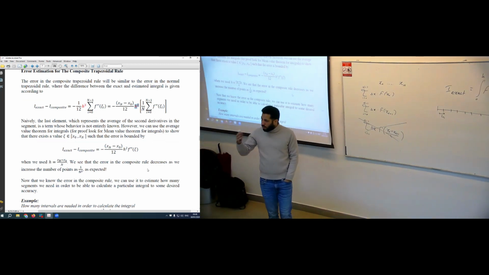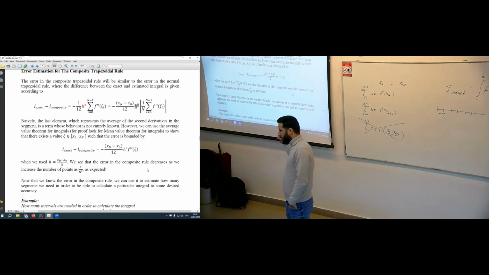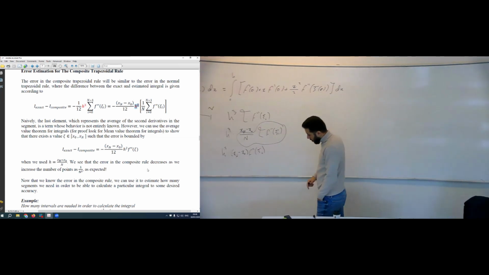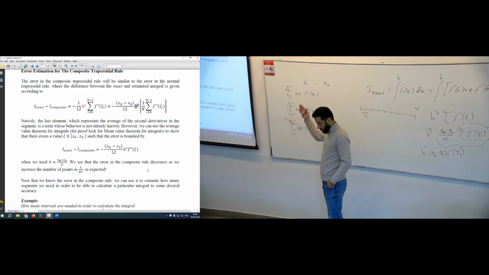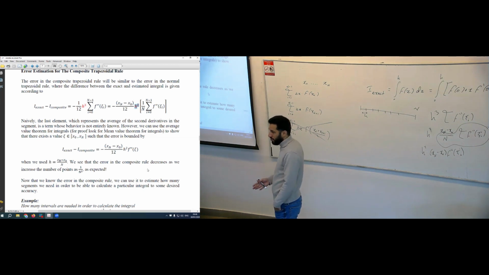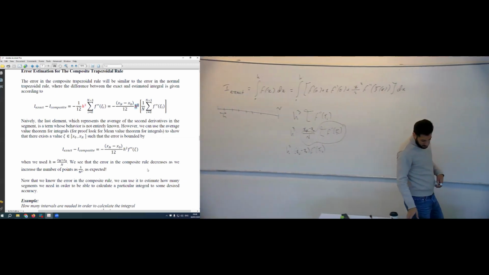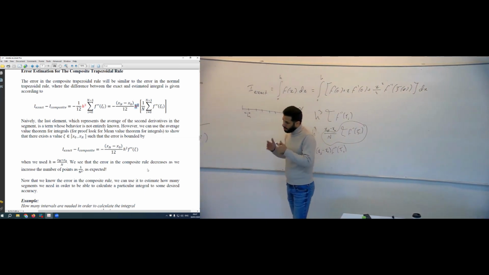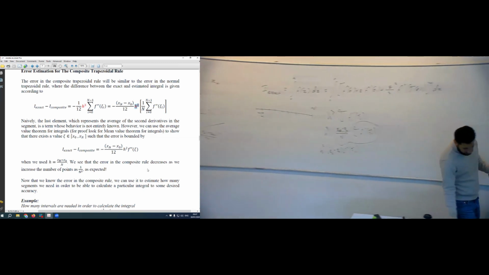Because if I want my error to be some value, for example 10 to the minus 10 or 10 to the minus 8, I can decrease it by making h smaller, and I know how much I have to make it smaller. So if it's like h squared, maybe I will take h to be a tenth of the previous h because it's squared. But if it's linear, I had to take it, for example, 100. So this helps me to know how much to decrease the h in order for my error to meet the criteria that I want.